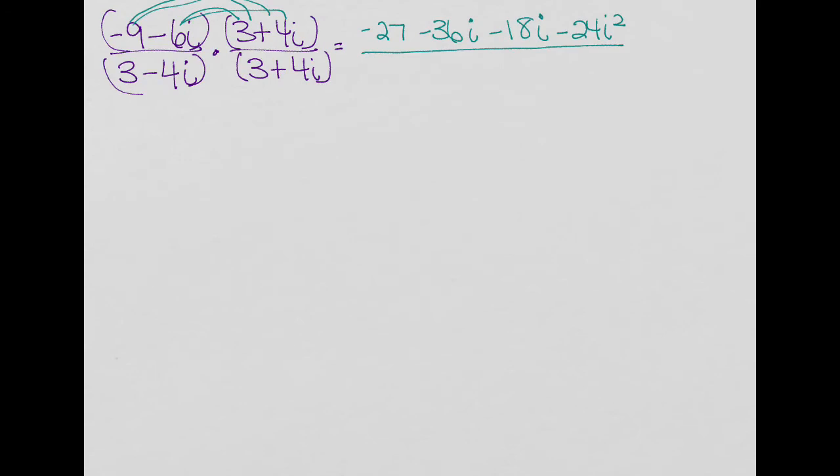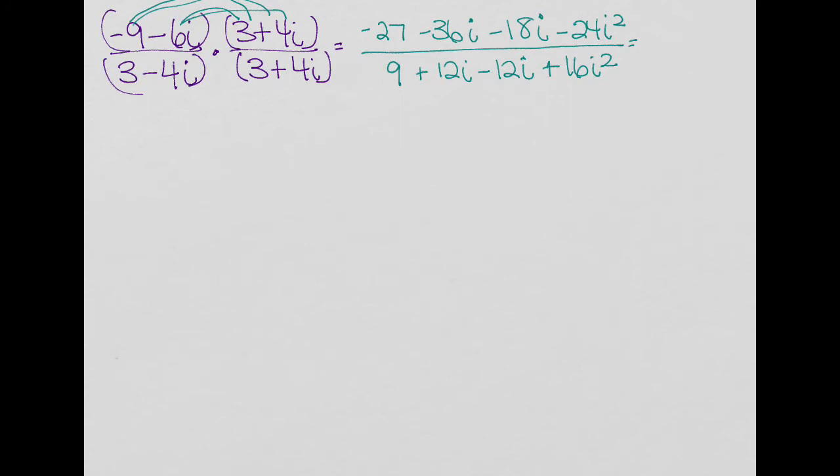I'm going to FOIL the denominator. 3 times 3 is 9. 3 times 4i is going to be 12i. Negative 4i times 3 is negative 12i. And negative 4i times negative 4i is a 16i squared.